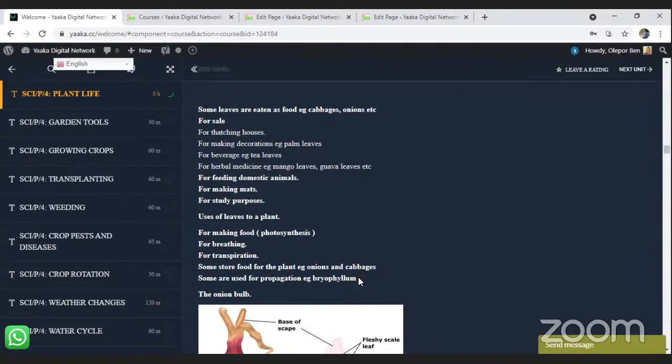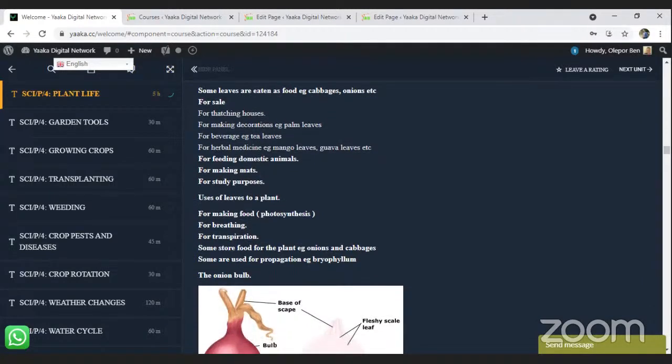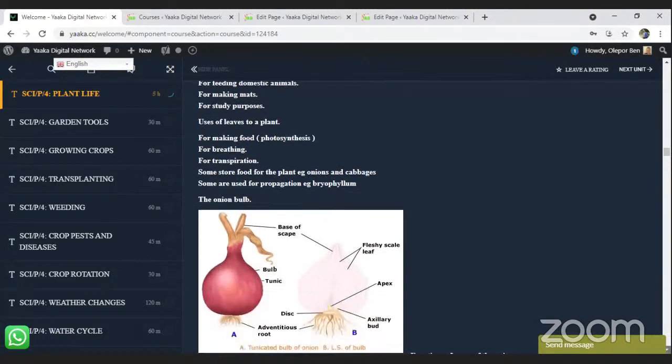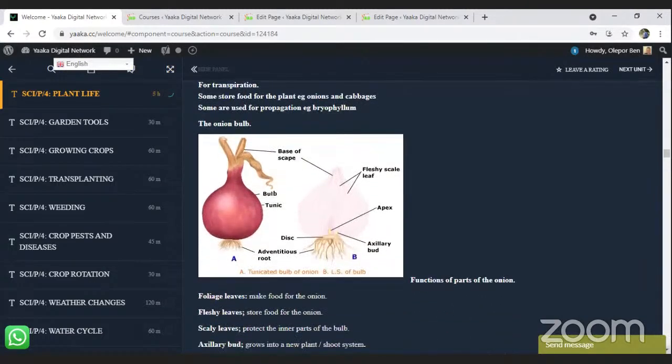Okay, continue. The onion bulb. The top part of the onion bulb, the upper part, is called the base of scape.